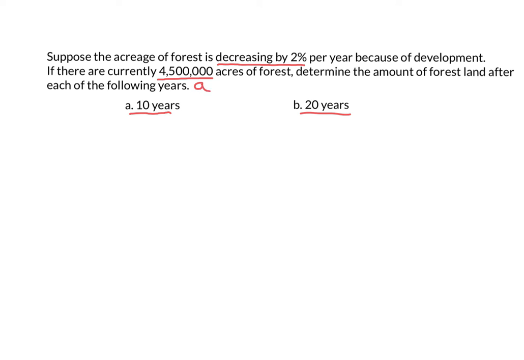So our starting amount, 4,500,000, and then the 2% will relate to the B, but there's a trick. When we were doing growth, we had to do 1 plus the percent. But if we want something to decrease, we'll do 1 minus 2%. So to write my function, A is 4,500,000.